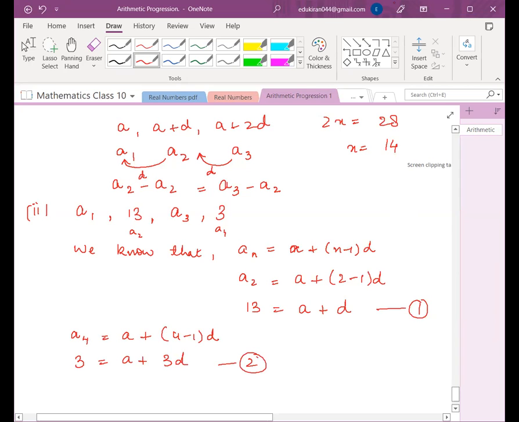So these are which kind of equations? They are linear equations in two variables, isn't it? The previous chapter you have done. So you have two variables, A and D, and you have two equations. Can you find the value of A and D from here? Which method?